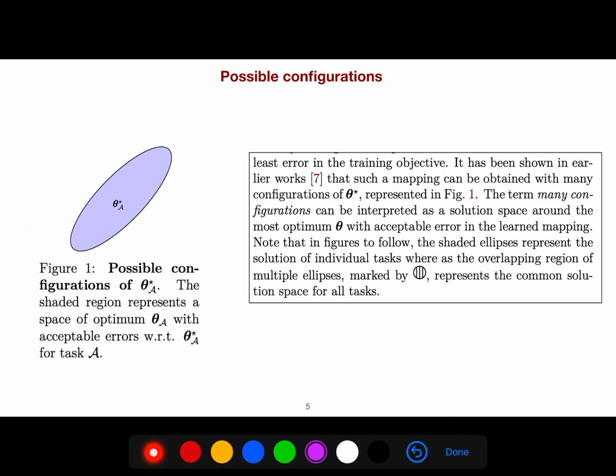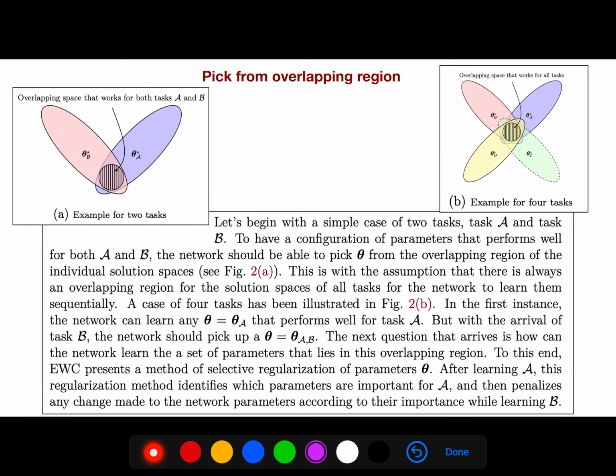So these are the possible configurations, but this point, for example, could be anywhere, as long as the loss is less than a threshold. And what happens when you have 2 tasks, for example, A and B?